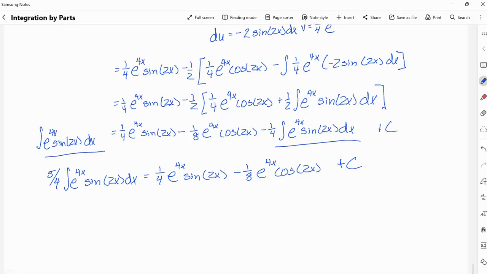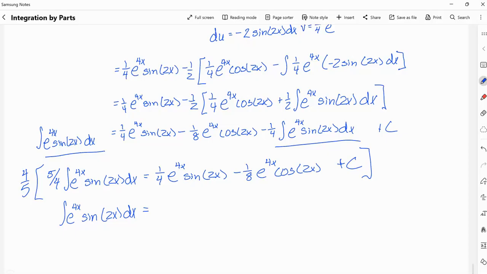And then to get this by itself, we're going to divide by 5/4, which is the same as multiplying by 4/5. So if I multiply everything by 4/5, that would get that integral by itself.